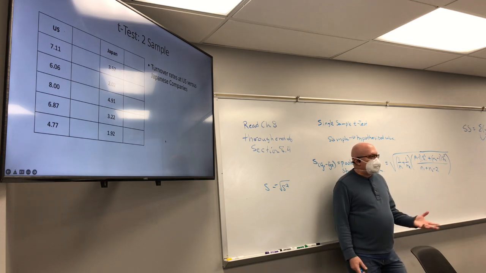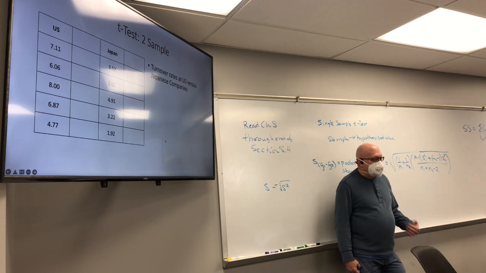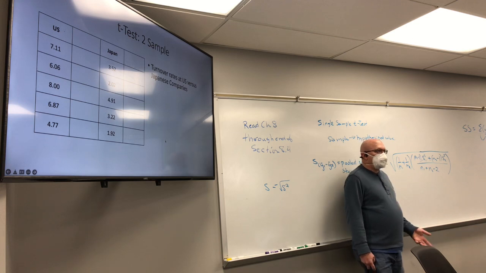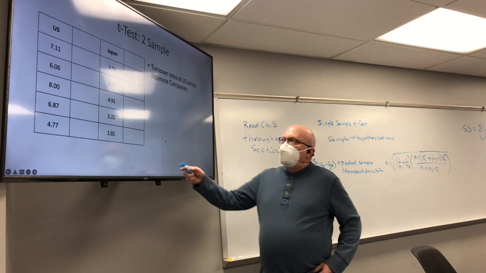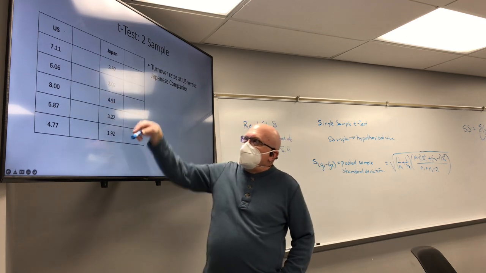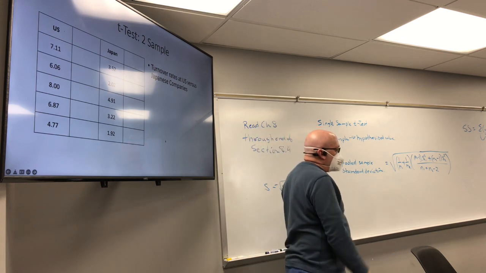And people in business actually studied this. One of the arguments they made was that turnover in American manufacturing facilities was much higher than it was in Japan. So they went to various plants in the United States and in Japan, and they measured the turnover rate, how quickly you turn over your workforce.